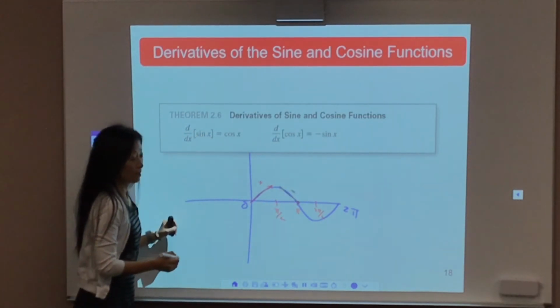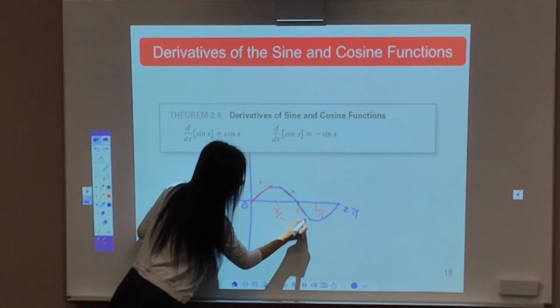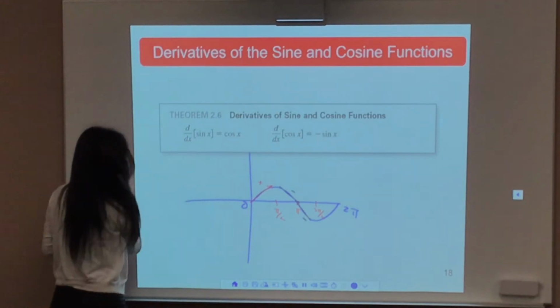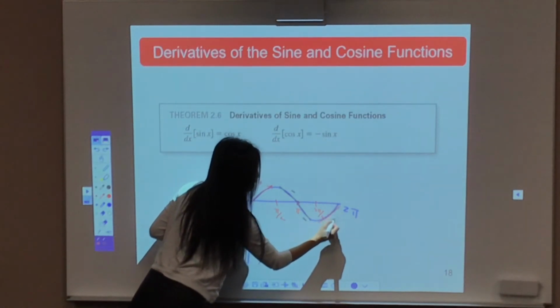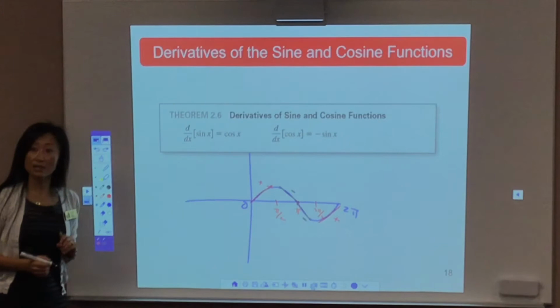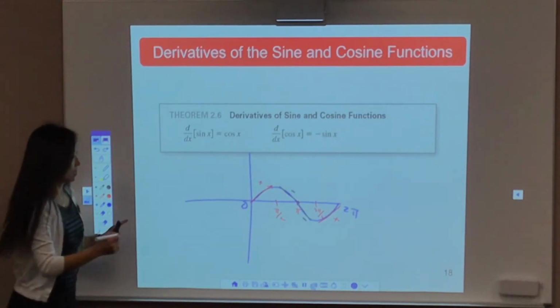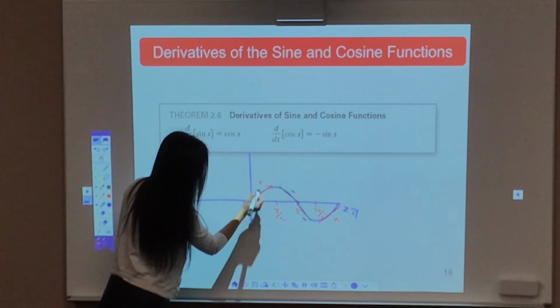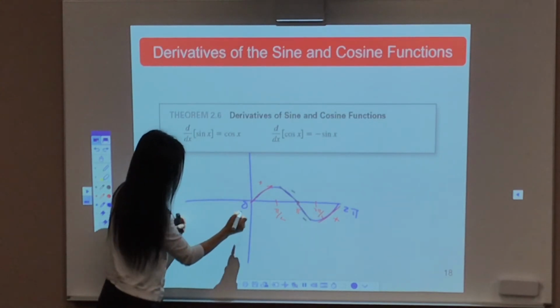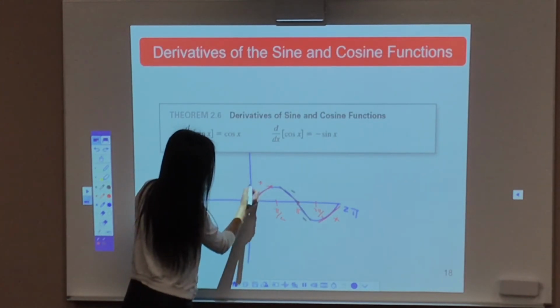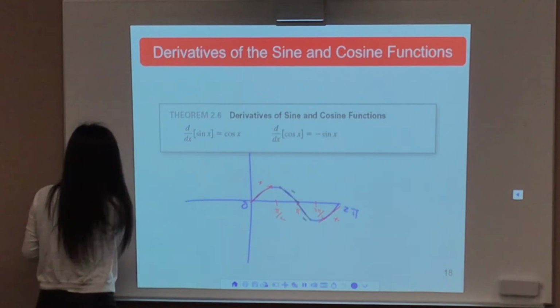Negative. And you keep negative. And then what happened over here? Positive. Am I right, class? So your slope is like this. This is your other function.